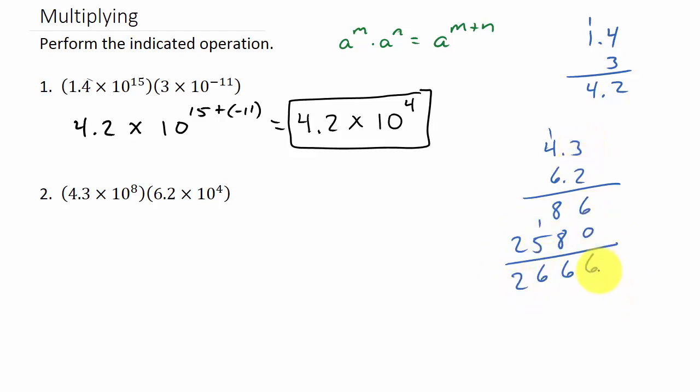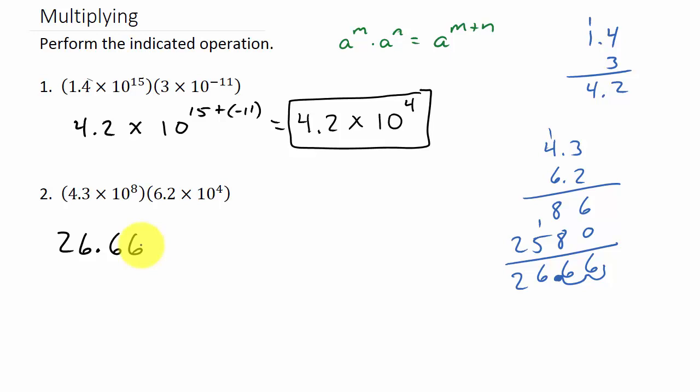So that is going to be 26.66. I'm going to check myself. It's easy to make a mistake. I'm just checking myself so I don't have the wrong numbers in the video.